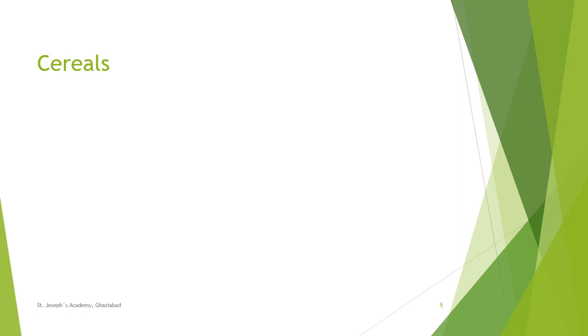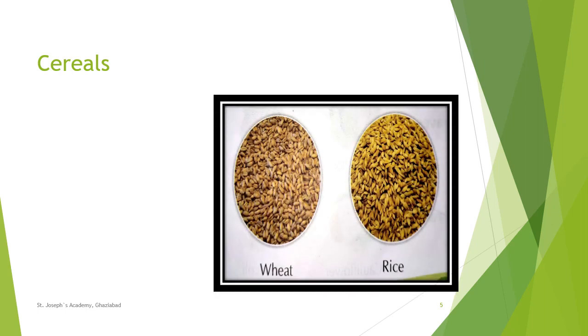First is cereals. On the screen you can see the picture of the wheat and rice. All must be knowing about the wheat and rice. Wheat and rice, these are the seeds of the plants. So cereals are seeds of the plants like rice, wheat and maize.